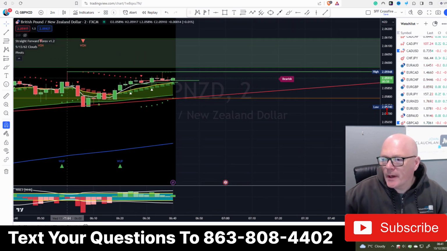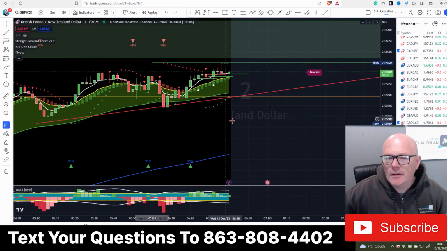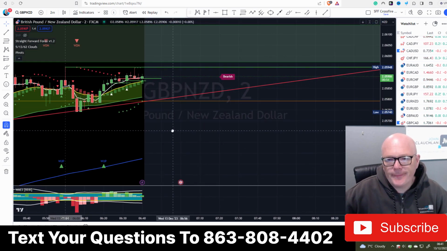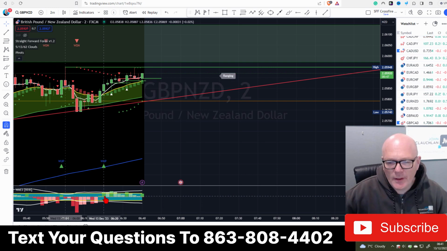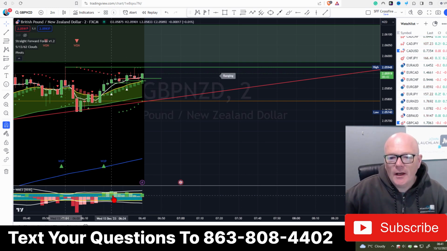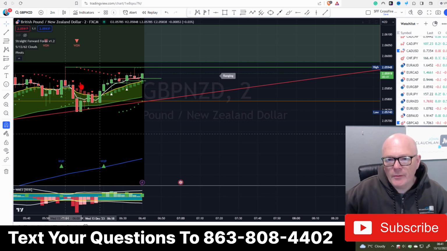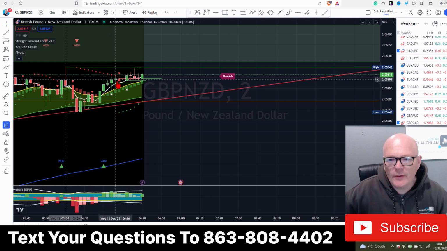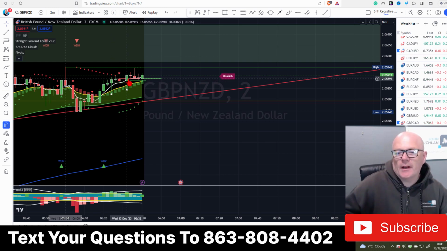Again, as far as this pair goes, we're still in no man's land, and we probably will be until the news. So like this sideways rotation, if you look at the WAD hour histogram, it's telling us there's hardly any volume going on, and you can tell by the small body of the candles that there's nothing really happening.